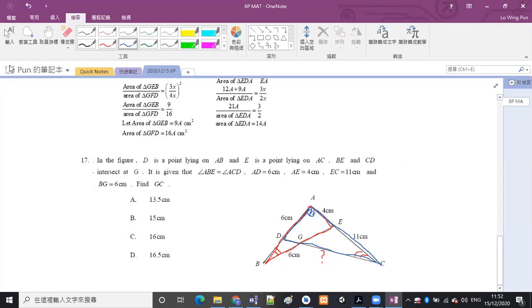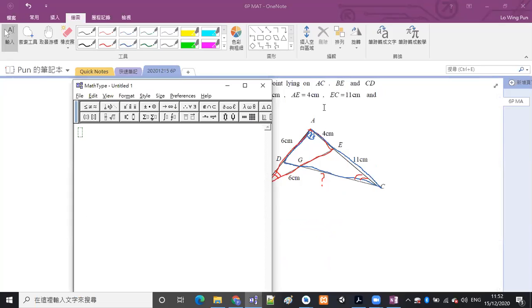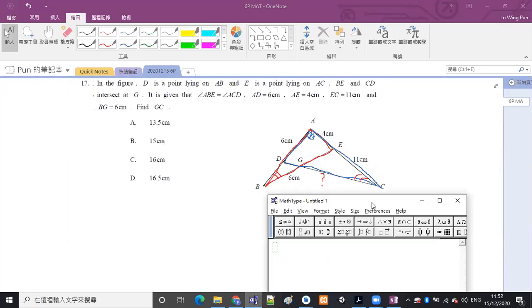OK， 好啦，我哋只係需要咧寫出跟次序咁樣去寫出呢兩個 similar triangles。OK， so triangle ABE is similar to triangle ACD.